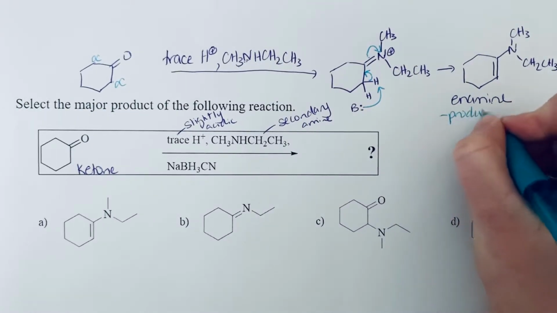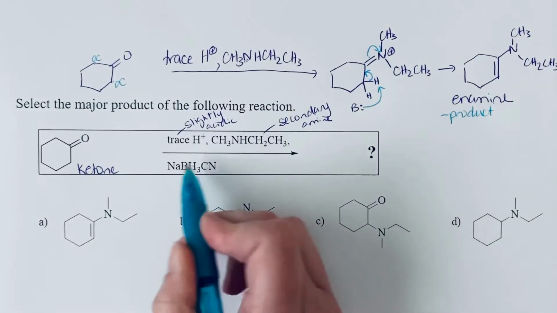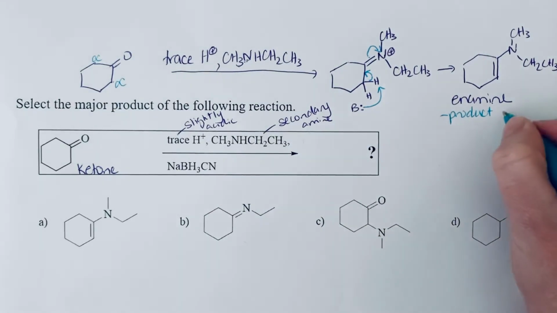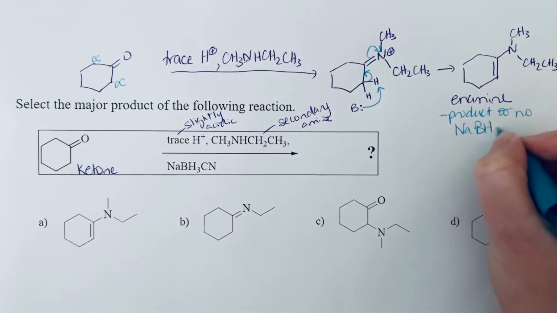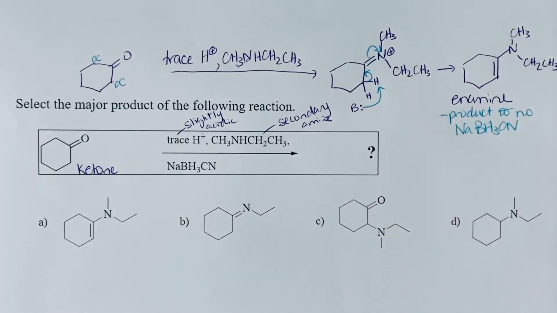And so that would be the product if we didn't have this sodium cyanoborohydride. So we need to recognize what happens when we do have that sodium cyanoborohydride in there.